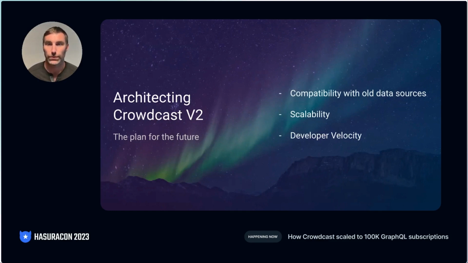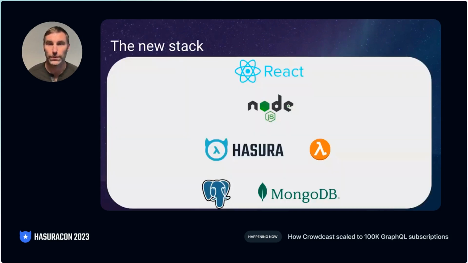So that was a concern for us. Scalability, right? So we have all these limits. A major reason to work on this V2 stack is to break those limits currently, but also future-proof them as well. And then developer velocity. So we're trying to get this stack up and running as fast as we can, and we need help in doing that.